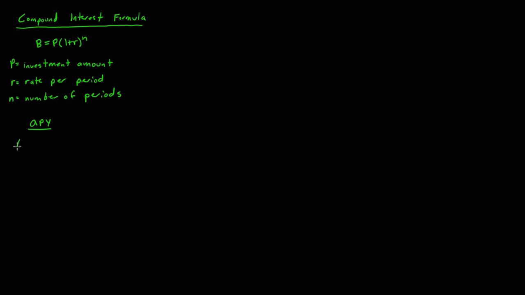And so that formula is the APY equals your I over your P. The I is your interest for 1 year. And then your P is the principal.